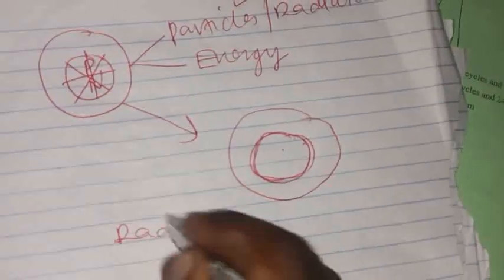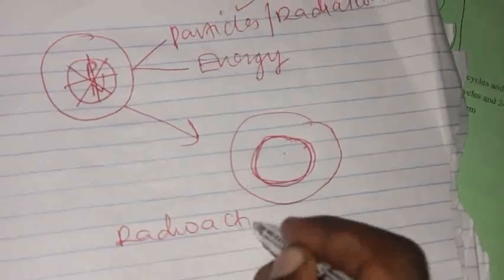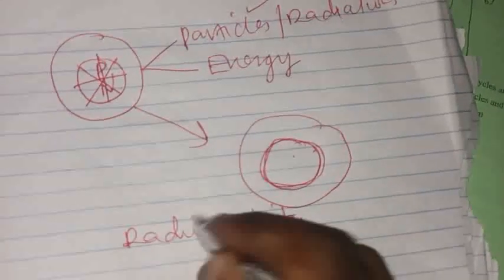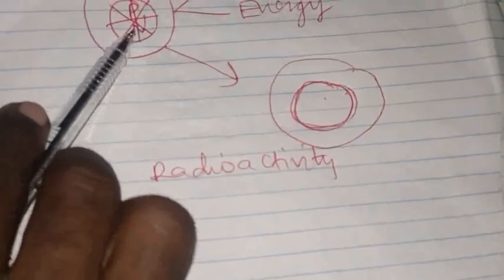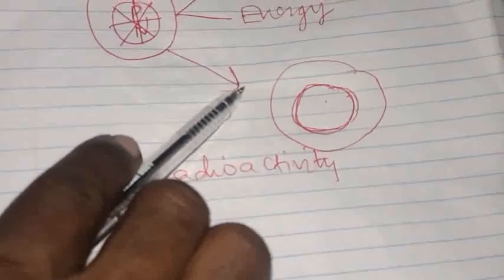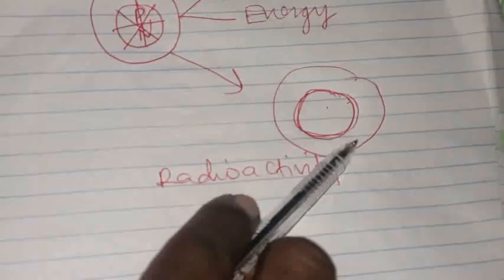Now, what is radioactivity? From the explanation I've given in our previous discussion, radioactivity is the process where an unstable nuclide breaks up to yield another nuclide of different composition with emission of particles and energy.